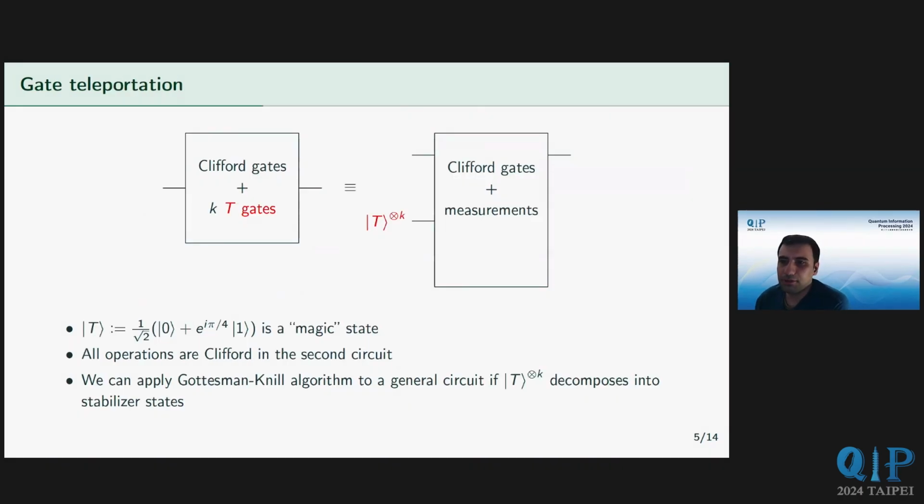There is one particular way of doing that, based on the idea of gate teleportation.